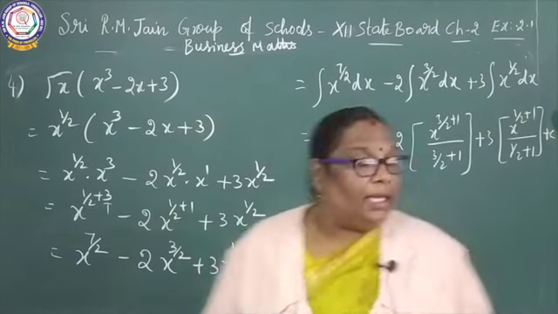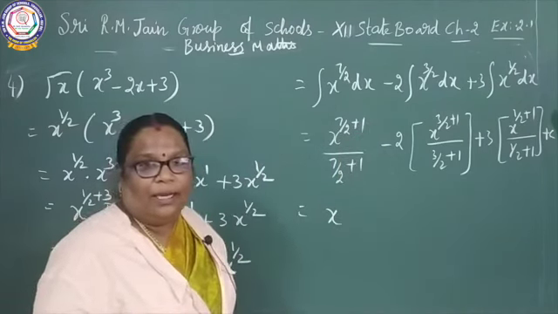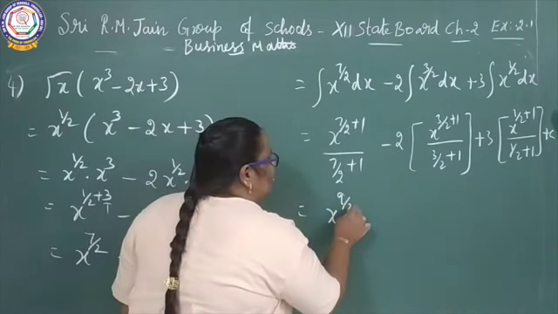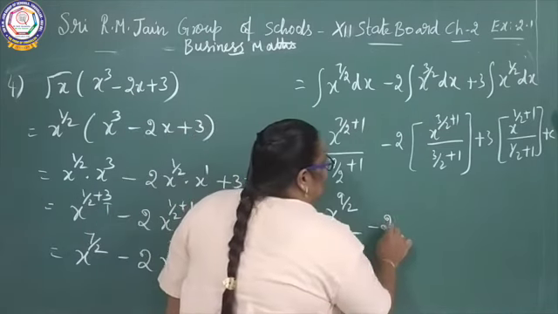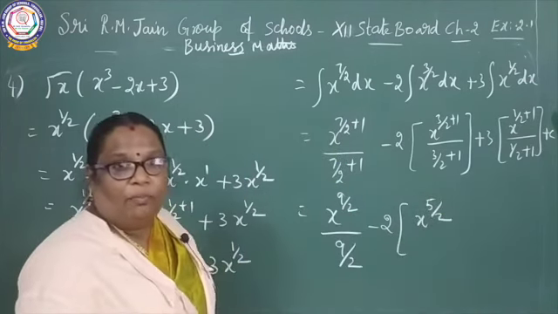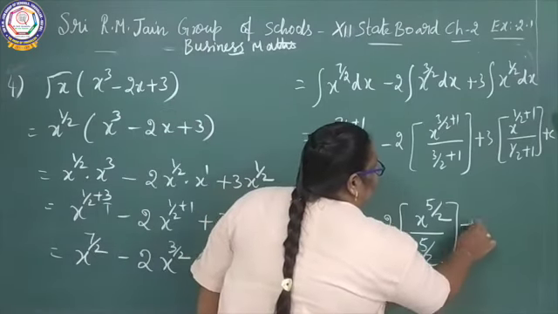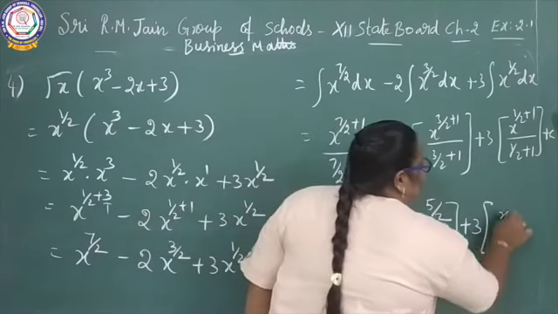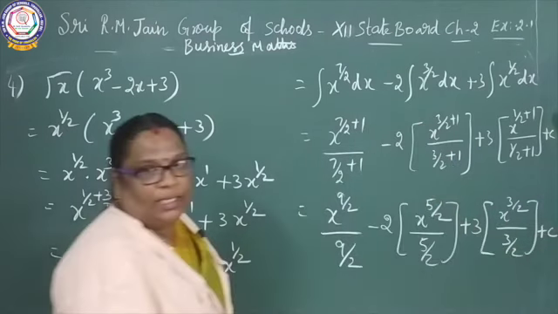See here. Again take the LCM, 2 as the LCM: 7 plus 2 by 2, 9 by 2, x to the power 9 by 2 by 9 by 2, minus 2 into x to the power 5 by 2, take the LCM, 3 plus 2 by 2, 5 by 2, by 5 by 2, plus 3 into x to the power 3 by 2 by 3 by 2, plus c.